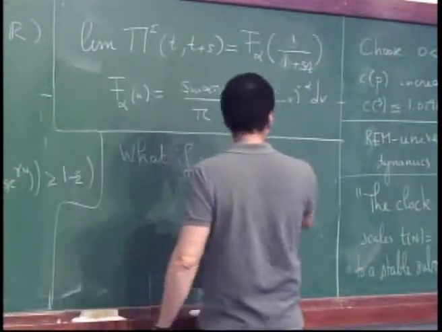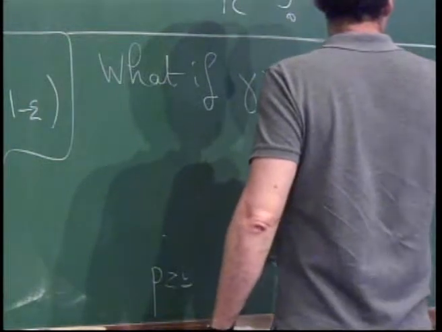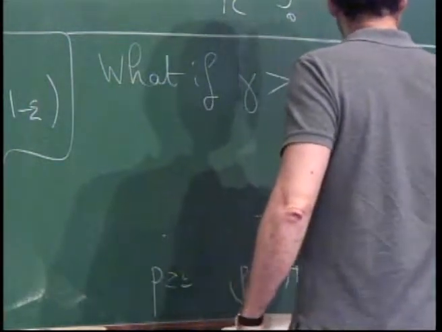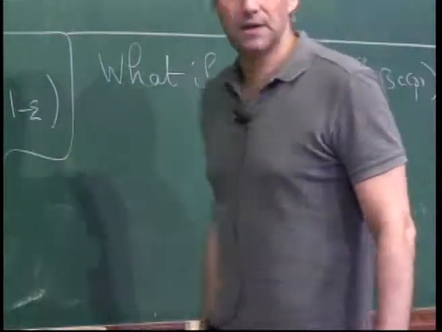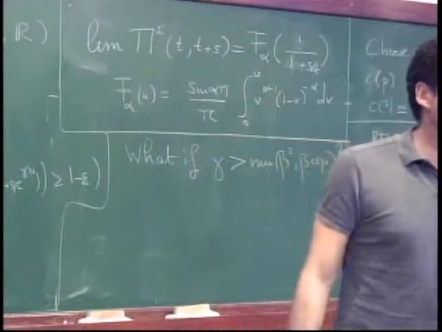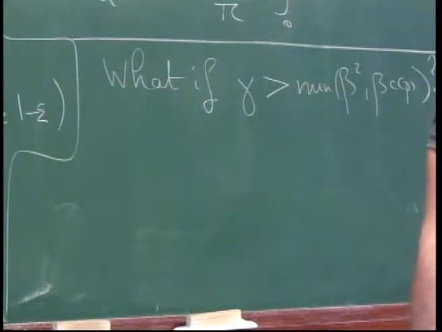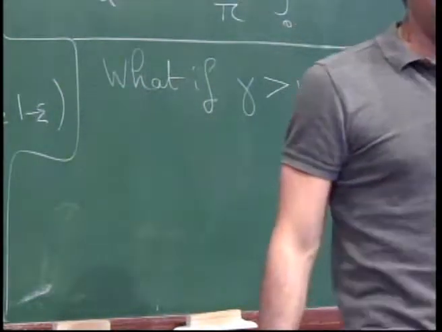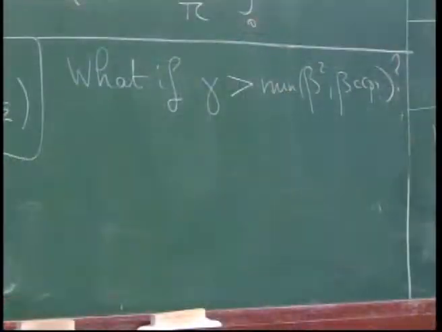Gamma larger than this minimum of beta square and beta C of p. Right? You can't expect the REM picture to be always true. So something else will happen, and you should see, if it is true, a one-step replica symmetry breaking and then a full replica symmetry breaking.